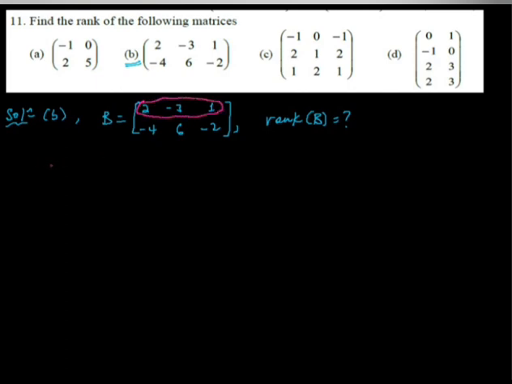Say the first row is v1: (2, -3, 1), taken as a vector. The second row is v2: (-4, 6, -2).